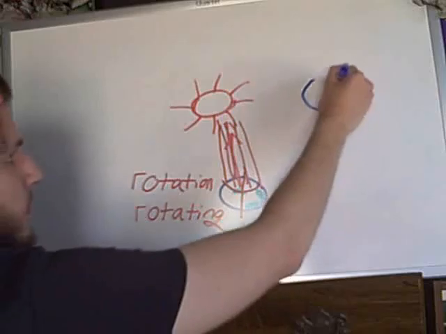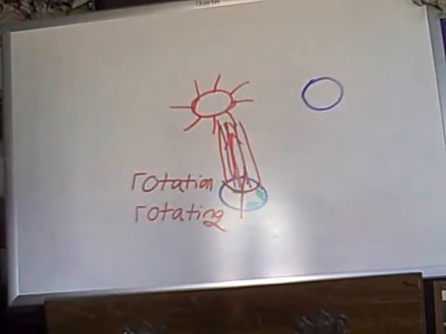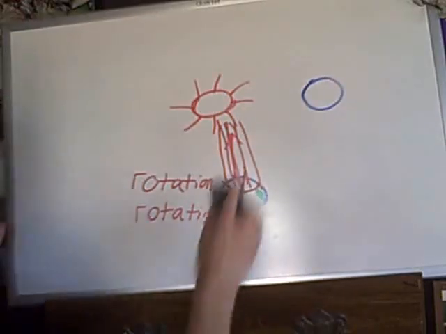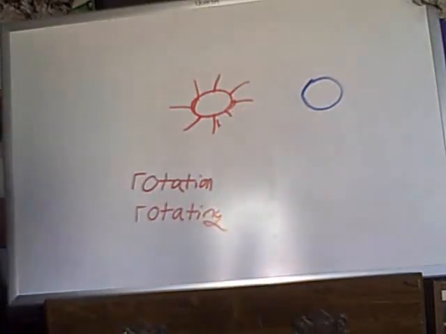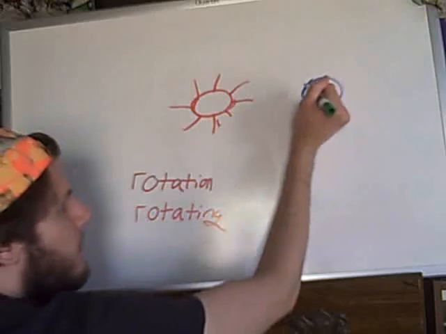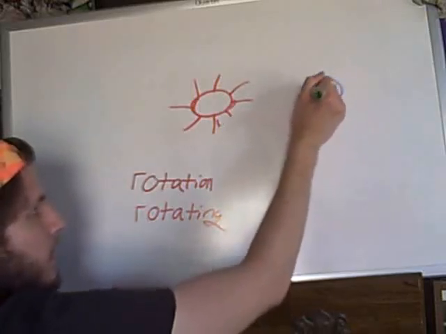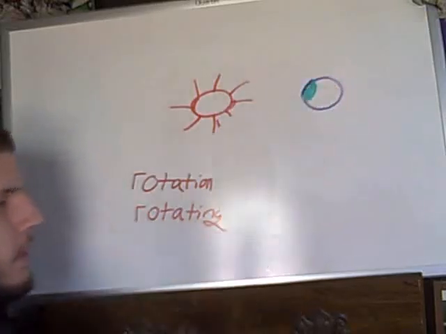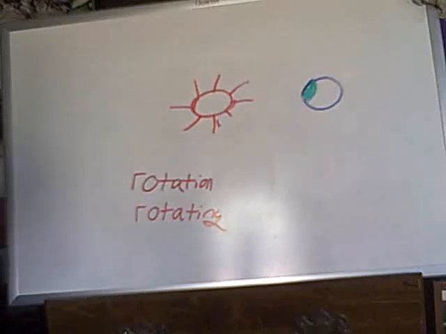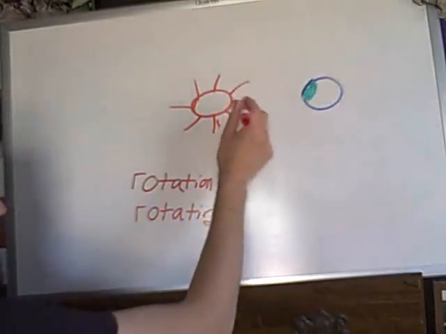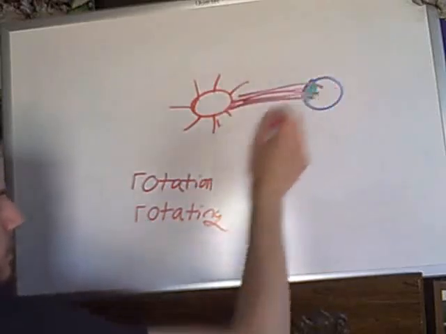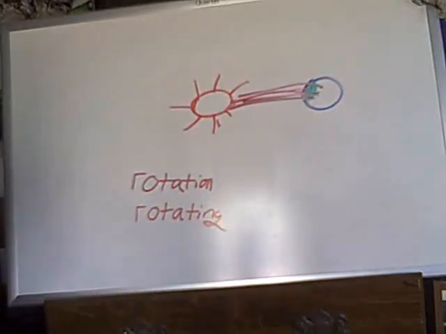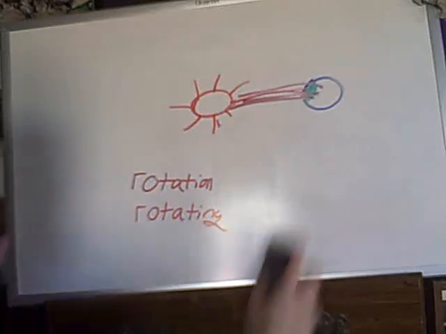So let's say for a moment that the earth is here. Now, let's say where we live is facing toward the sun. When light from the sun hits our house, hits where we live, it is daytime.